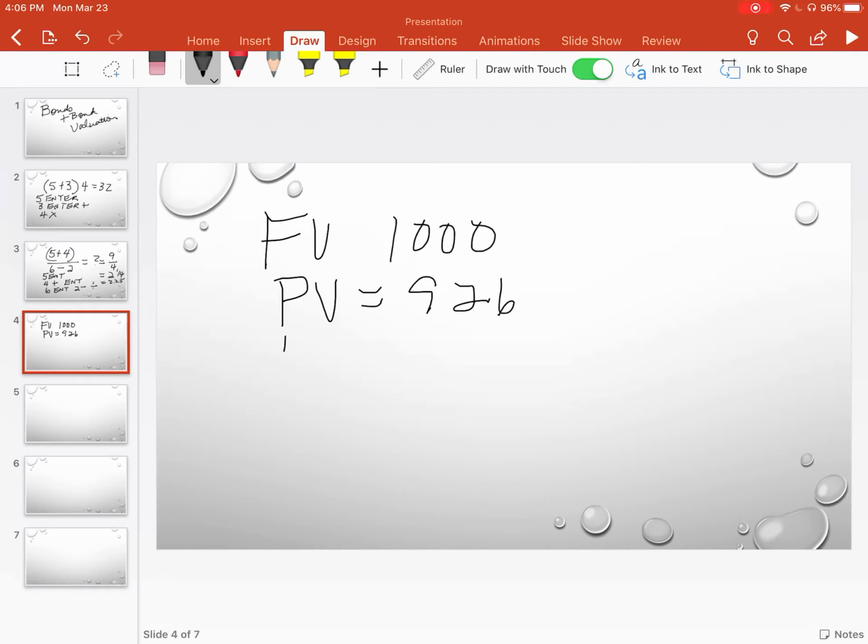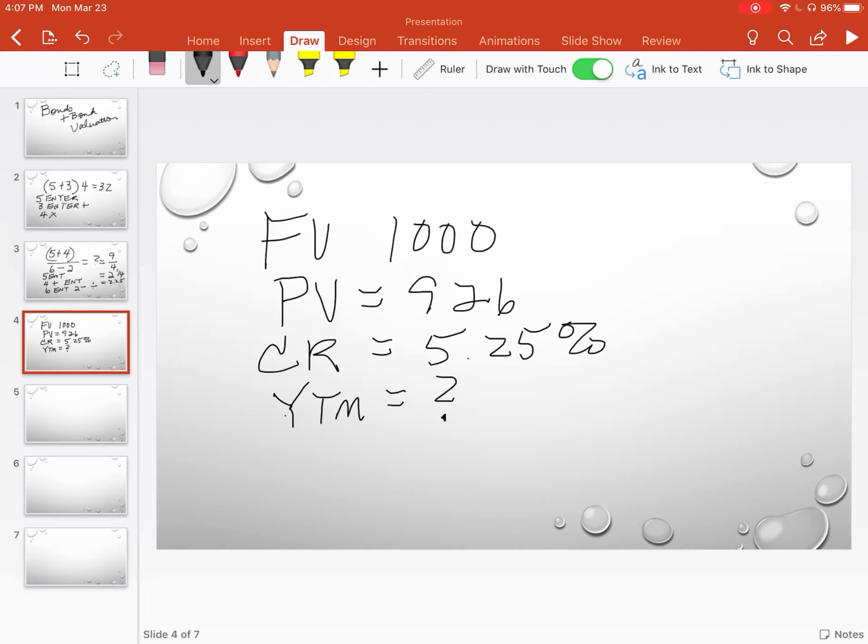The coupon rate on that bond is, let's just say, 5.25%, with the yield to maturity being what we're solving for, and we're going to have this bond for 10 years.